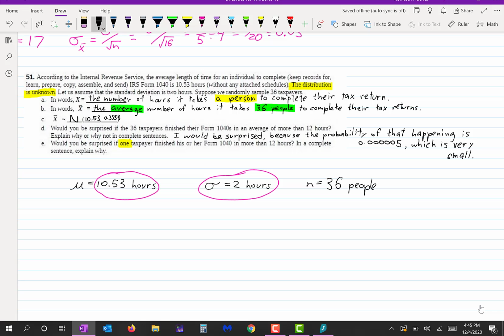I would say, I would not be surprised because 12 is less than 1 standard deviation above the mean. You see what I'm saying? I hope that makes sense.